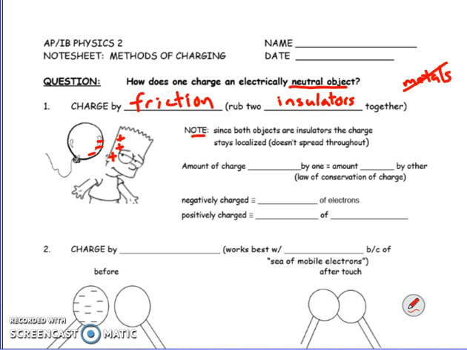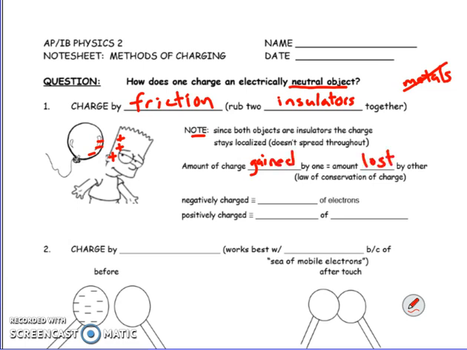I've drawn 3 positives to show a general conservation of charge. If one object became a charge of -3, I'm not going to say 3 coulombs, I'm just going to say -3, then the other object must be a positive charge. So what we say there is the amount of charge gained by one equals the amount lost by the other.